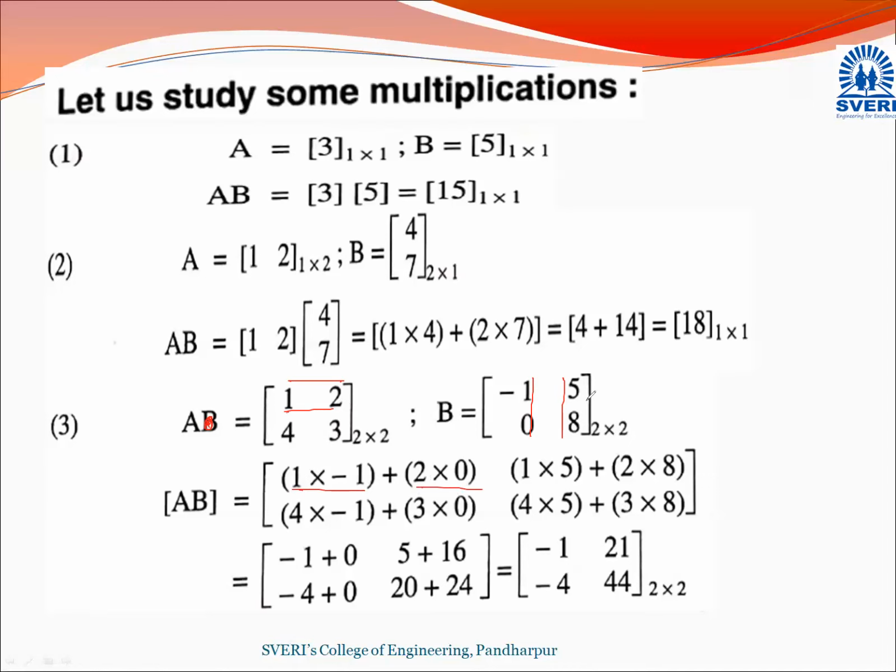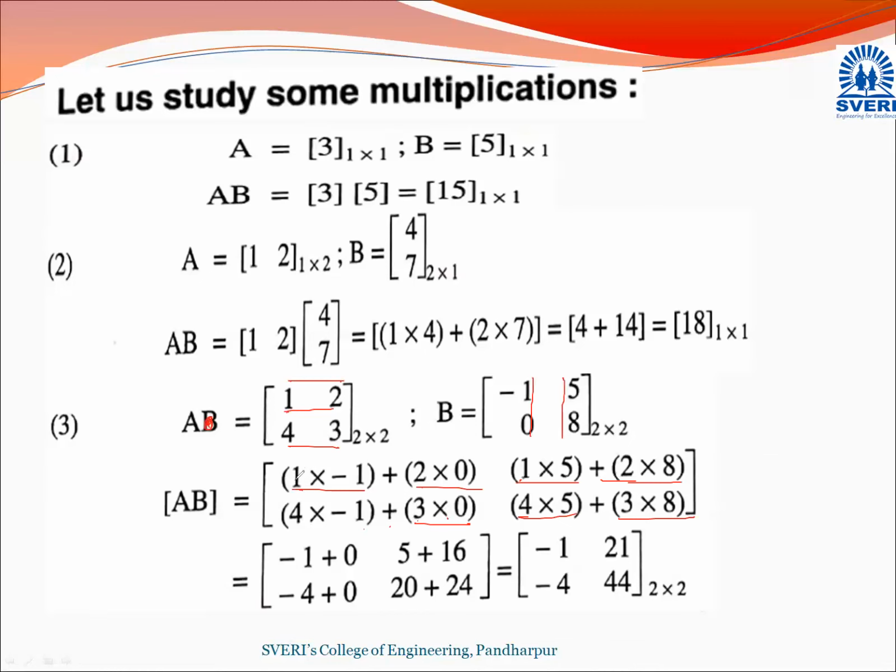Next, first row, second column, 1 into 5 plus 2 into 8. Next, second row, first column, 4 into minus 1 plus 3 into 0. Then second row, second column, 4 into 5 plus 3 into 8.